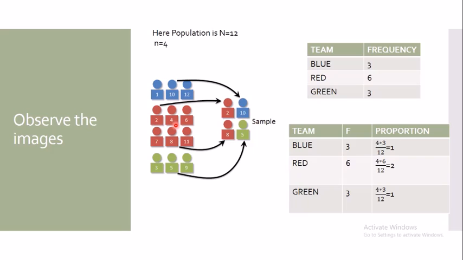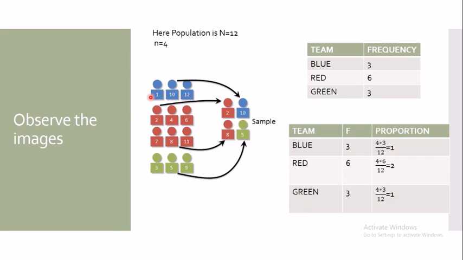But in what way? What is the criteria? What is that equation, or that mathematical or technical function, that you have to use so that you get a representative sample? So, as I said, I need a sample of size 4 and my population is 12.